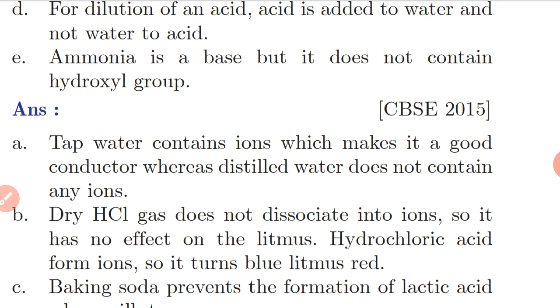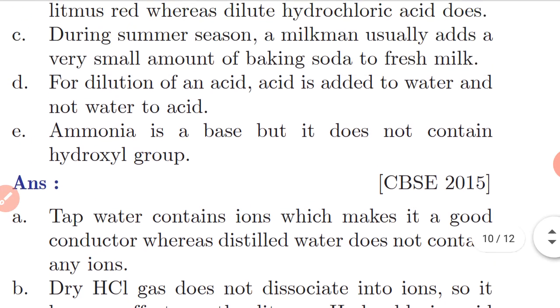Dry hydrochloric acid gas does not dissociate into ions. So this is the reason it has no effect on litmus. Hydrochloric acid in solution forms ions, so it turns blue litmus red. So it must be an aqueous solution when it turns blue litmus red. You have to keep this also in your mind.